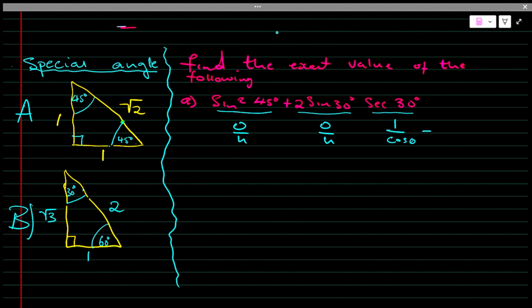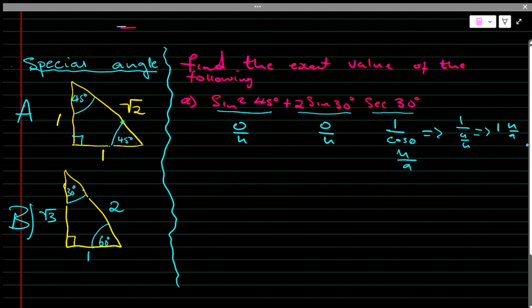So this implies 1 over adjacent over hypotenuse, which is going to be 1 times hypotenuse over adjacent. So it means the sec is going to be hypotenuse divided by the adjacent.